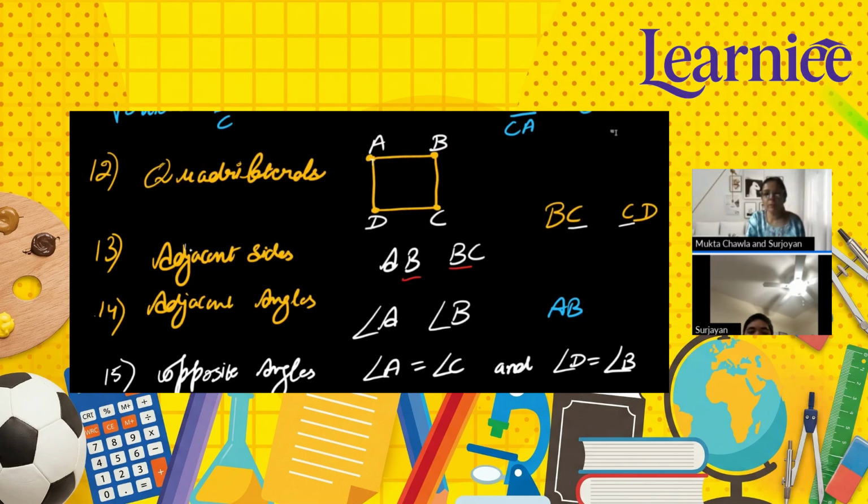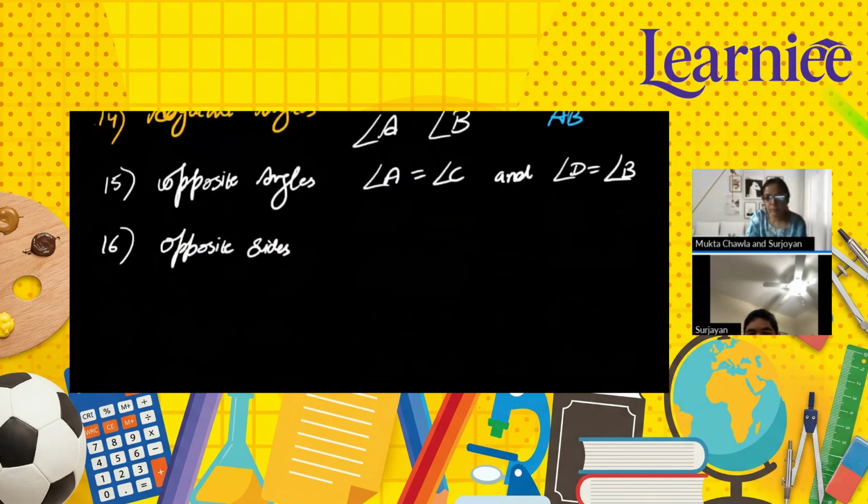AB is opposite of DC and AD is opposite of BC, because they have no point in common. Good, very good. AB is opposite to DC.